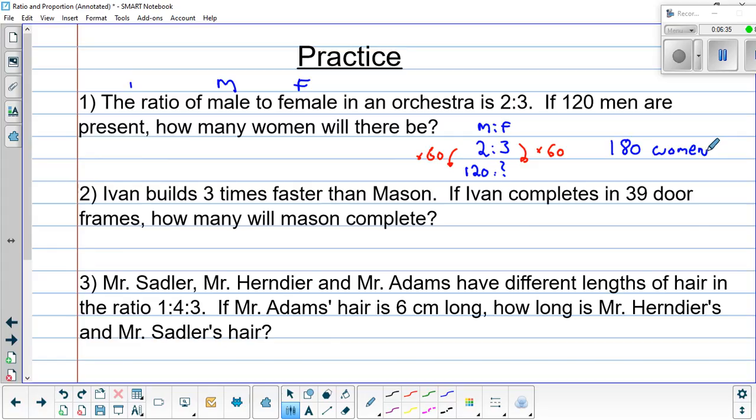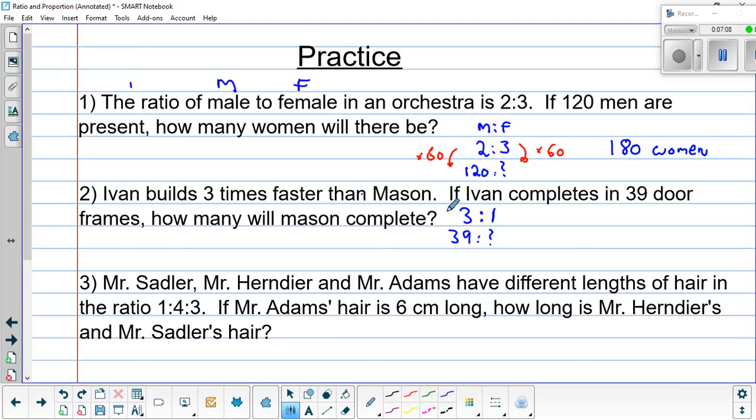Next one. Ivan builds 3 times faster than Mason. So that means 3 to 1, right? So every one thing that Mason completes, Ivan will complete 3. So if Ivan completes 39 door frames, how many will Mason complete? Well, 39 to, we don't know.